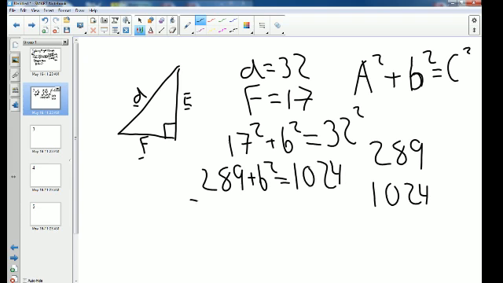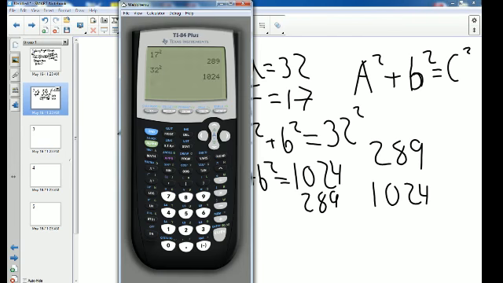So then we're going to subtract 289 from both sides, and we'll use our calculator again. That equals 735.